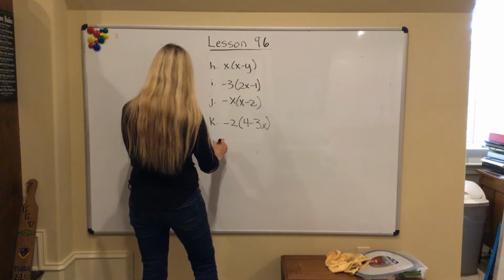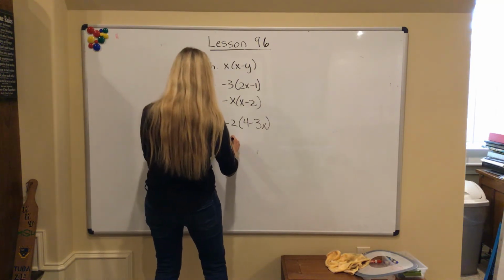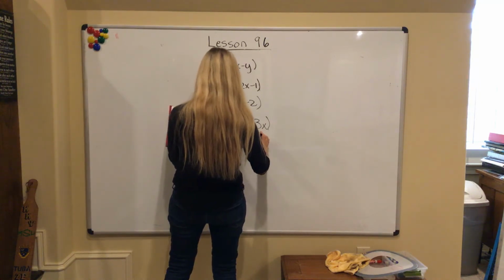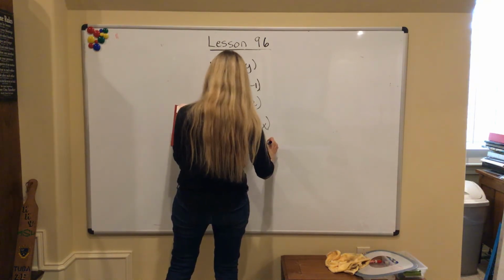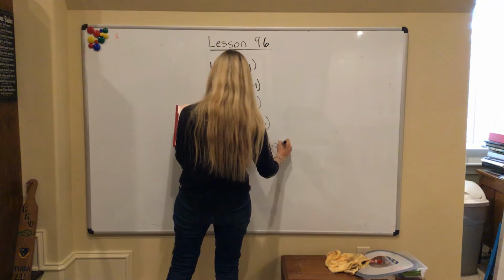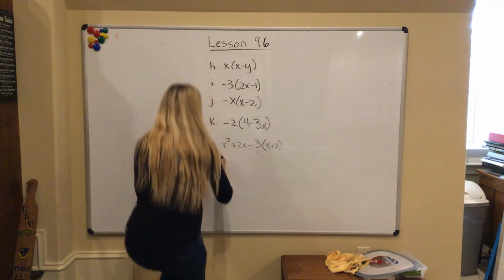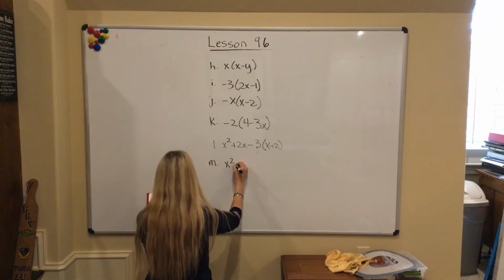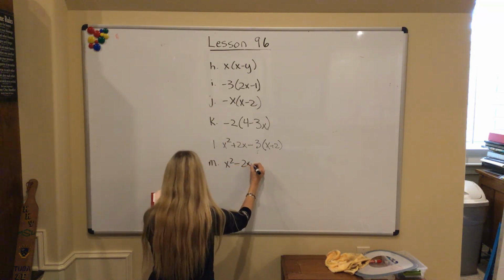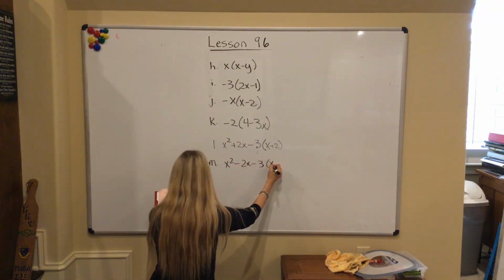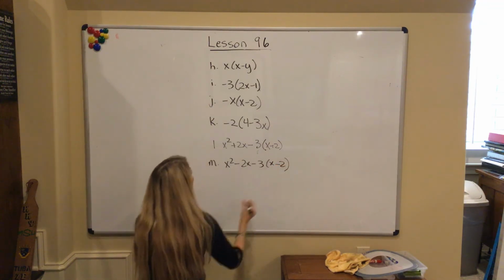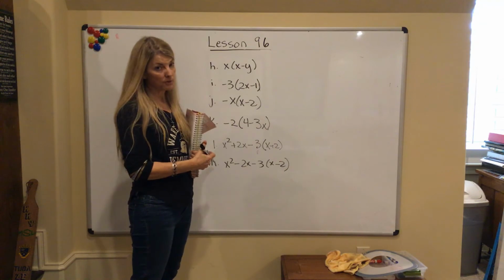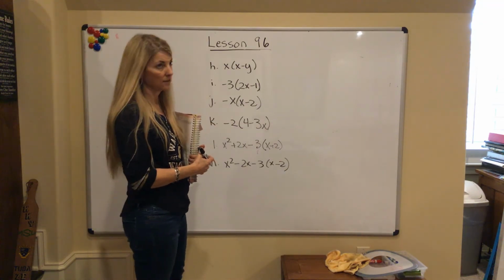L, x squared plus 2x plus 3 times x minus 2. Okay, and then M, x squared minus 2x minus 3 times x minus 2. Okay, I want you guys to try to do those on your own before you look at the answers.